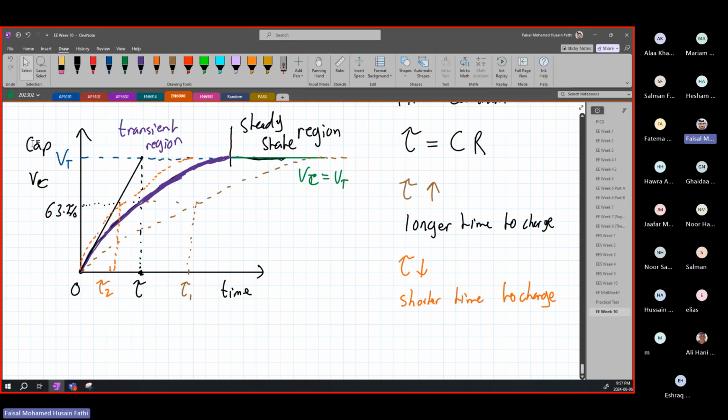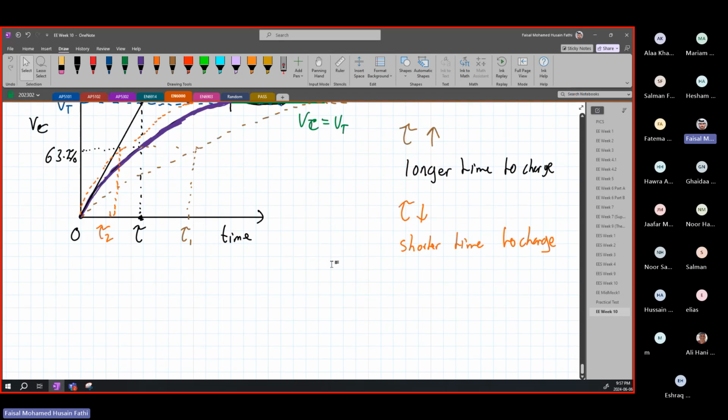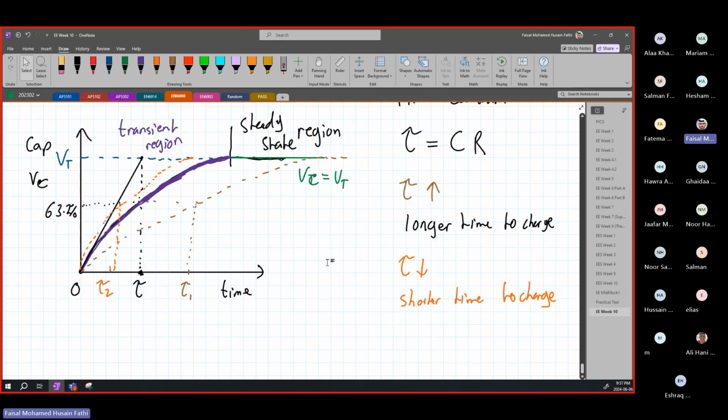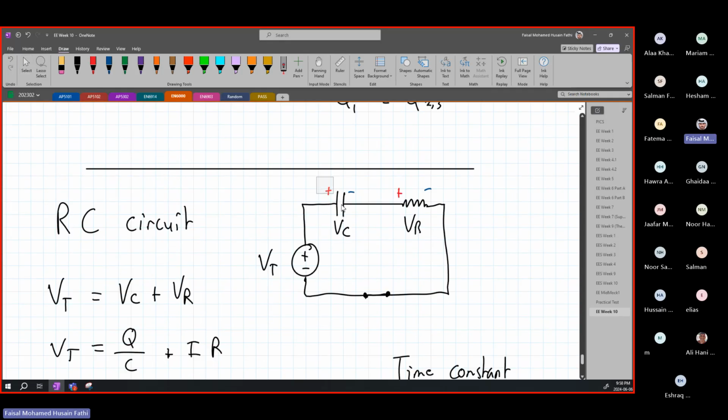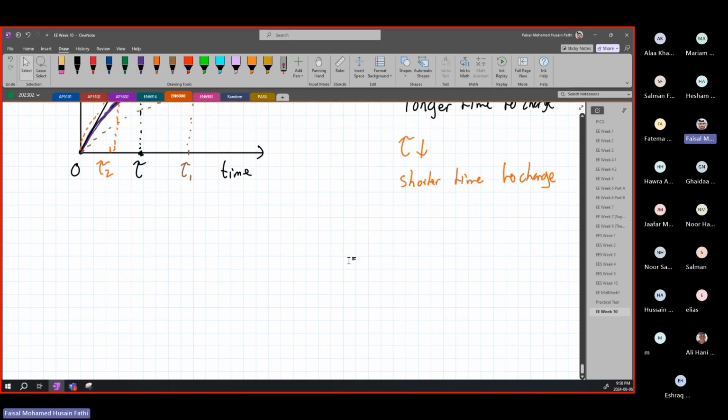Okay, so basically this is the entire idea of an RC circuit when you're looking at this curve. And one more important point: once you reach your steady state region, once this capacitor is fully charged, no more current will be going through the circuit, meaning it will turn into an open circuit.